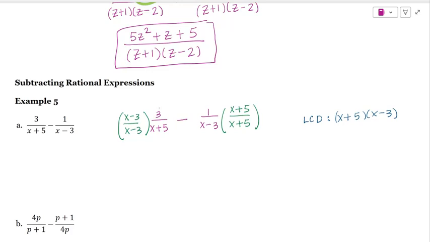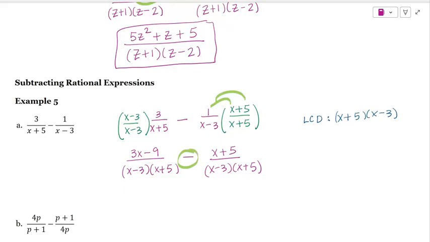All right, I've got to distribute this 3 here. That'll be 3x minus 9. I'm going to leave my denominators in this factored form. And then moving to the next fraction, I'm going to distribute this 1. So that's x plus 5. Okay, now here's the important part.